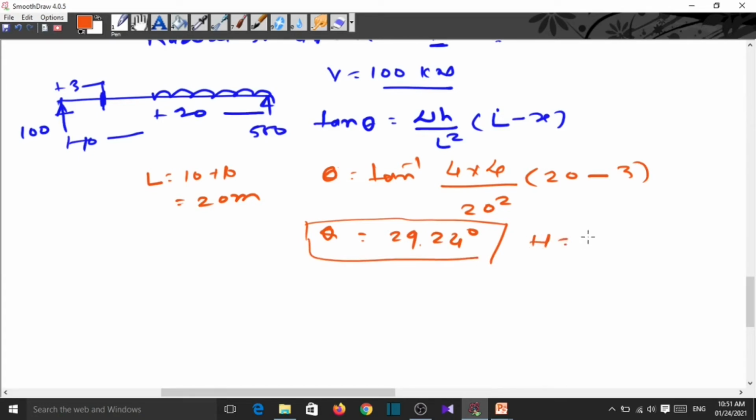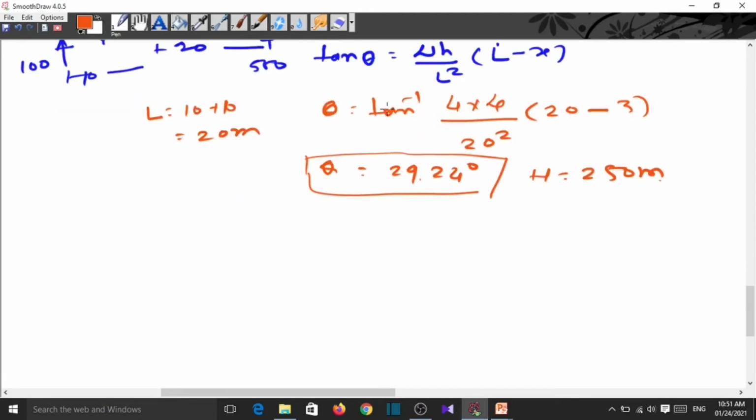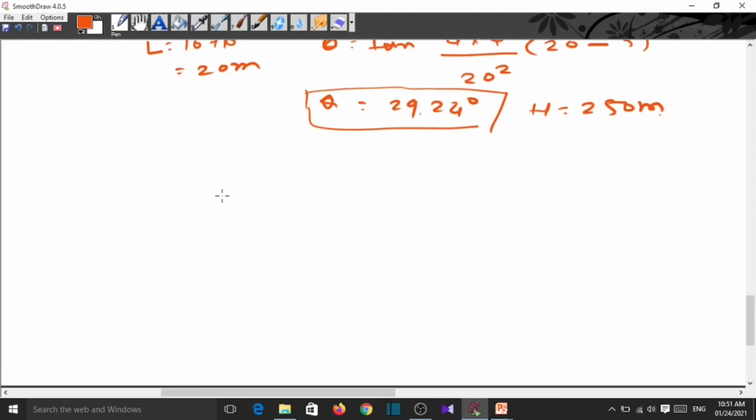We know H is equal to 250 meter. So put the value in our equation. So Q is equal to V cos theta minus H sin theta, that is 100 cos 29.24 minus H, 250, into sine of 29.24.